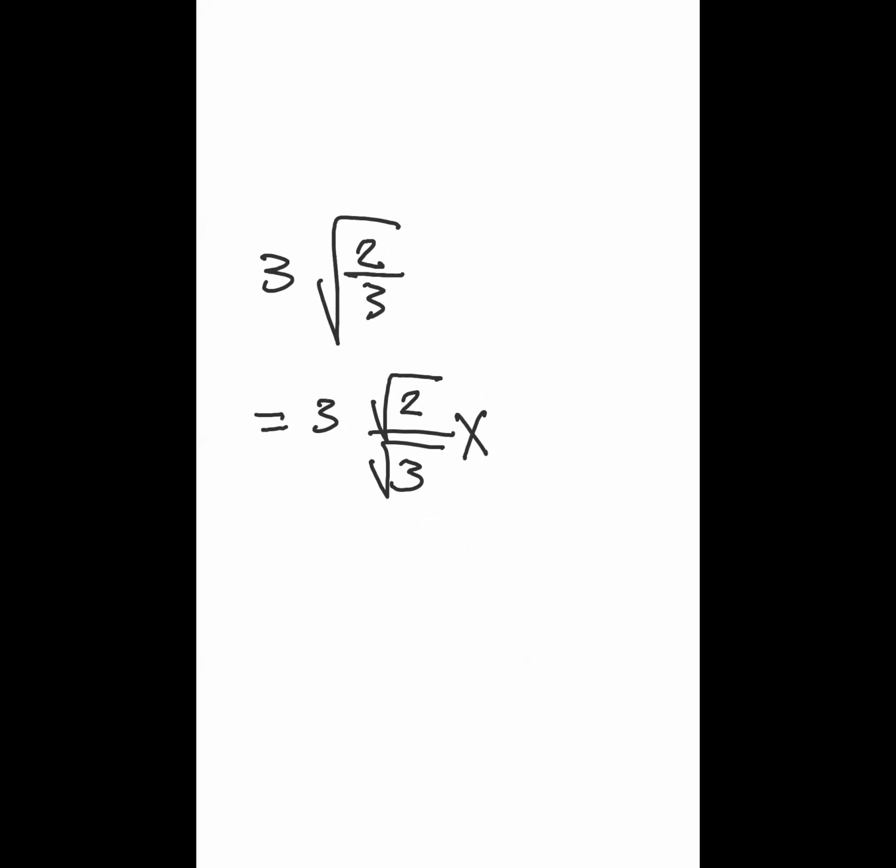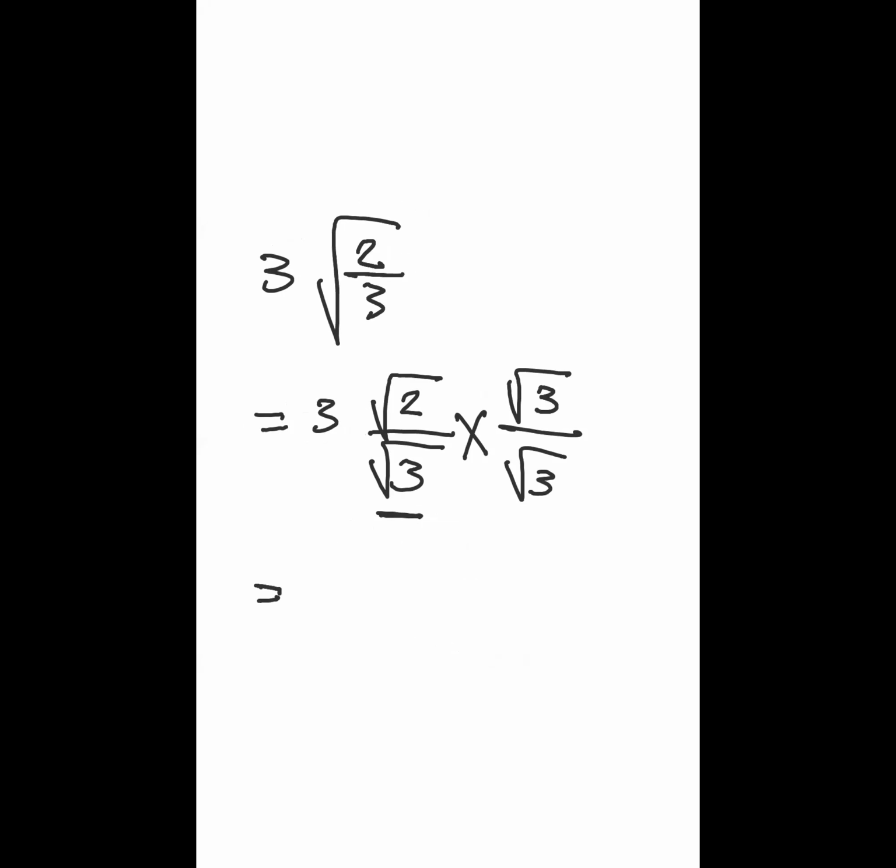If there is a number like 3 square root of 2 over 3, in this case, guys, I can solve it in 2 ways. The first one: it will equal 3 square root of 2 over square root of 3, and then multiply it by square root of 3 over square root of 3.